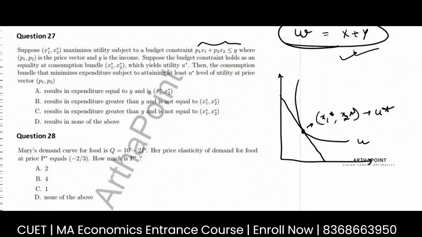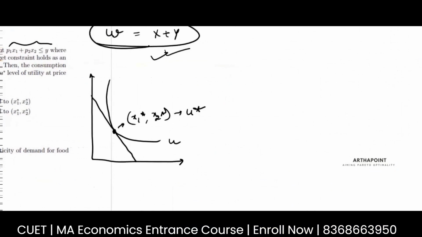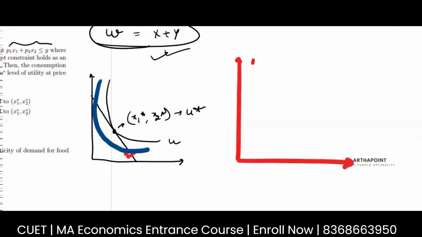Now it says the opposite. Here I was given the budget line, and I found the maximum utility possible, so I went to the highest IC possible. Now it says supposedly I want to achieve at least U star utility or more than that.